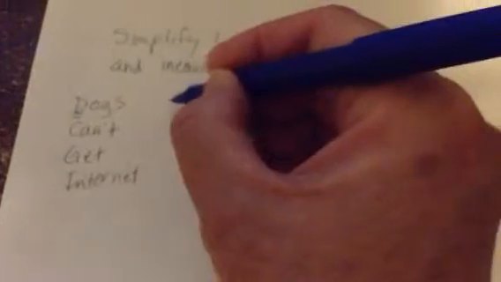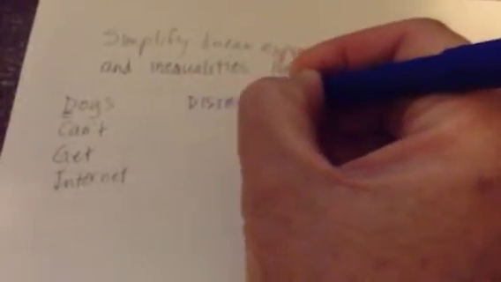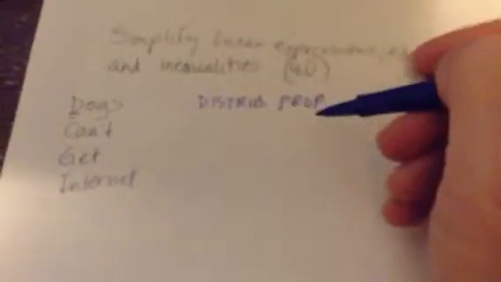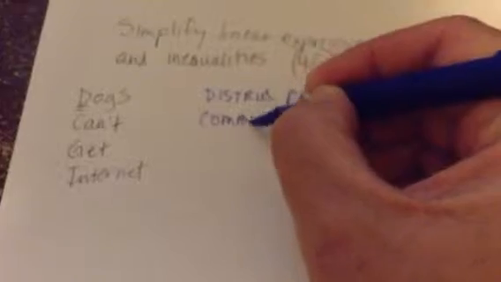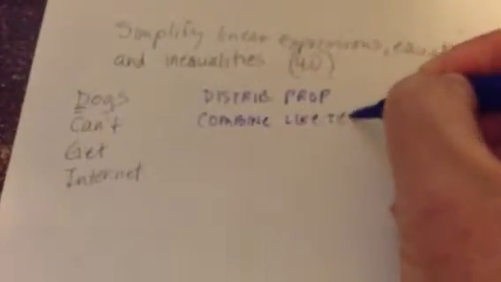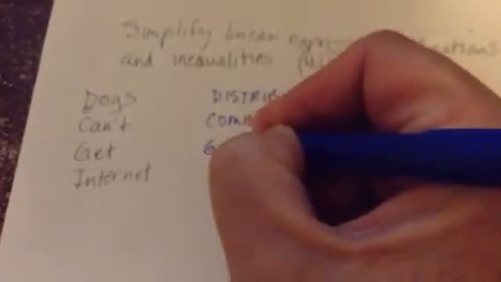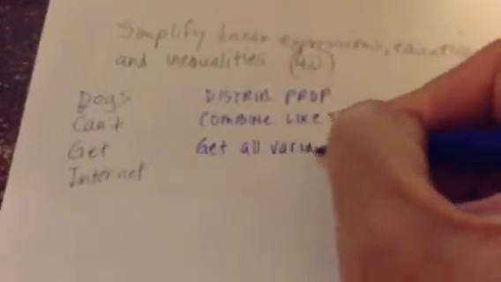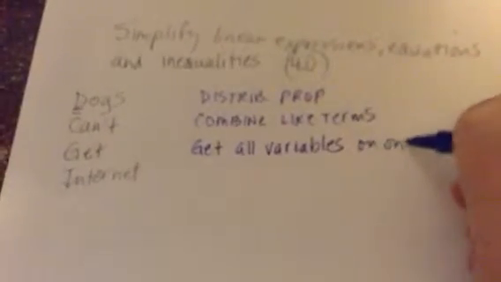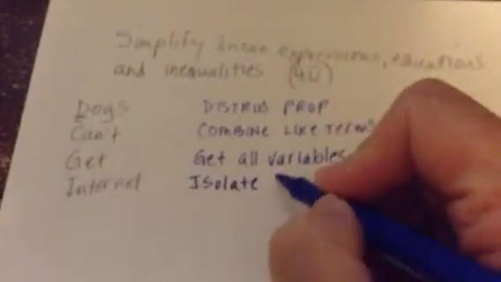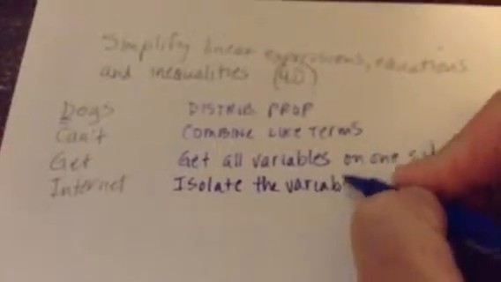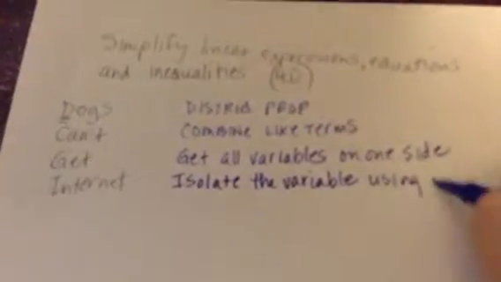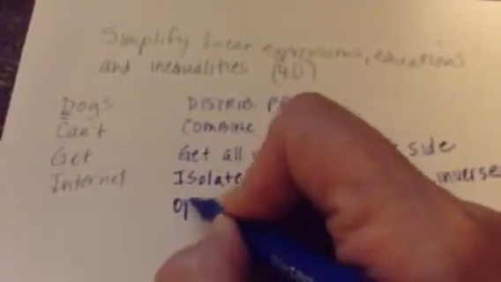And in my mind, what those letters really stand for: the D stands for distributive property, the C stands for combine like terms, the G stands for get all variables on one side, and the I stands for isolate the variable using inverse operations.